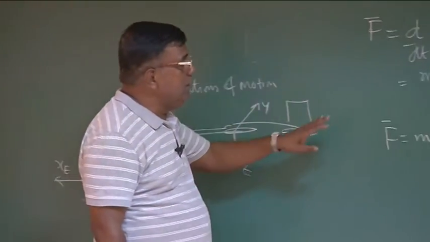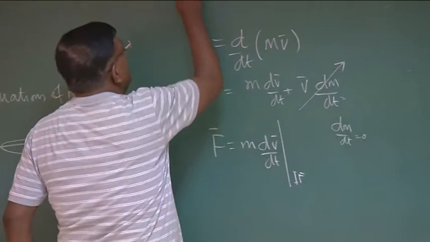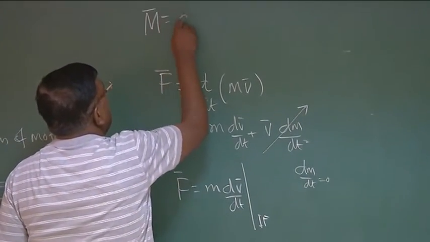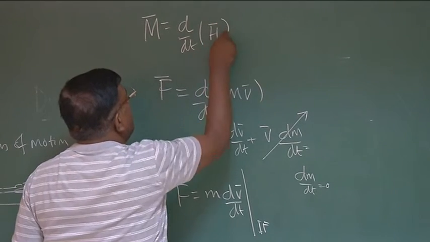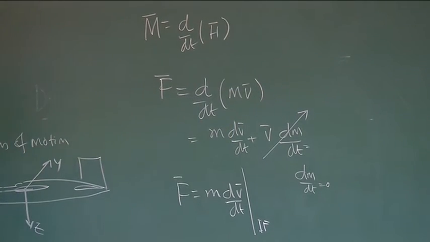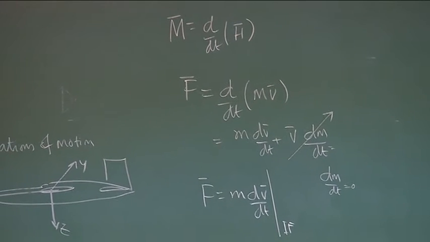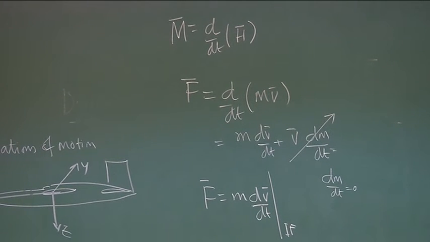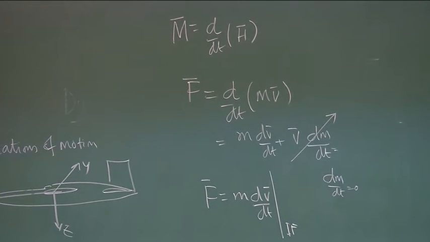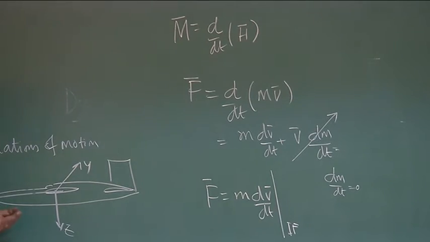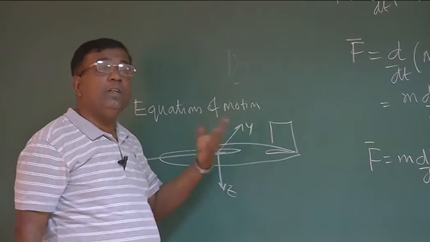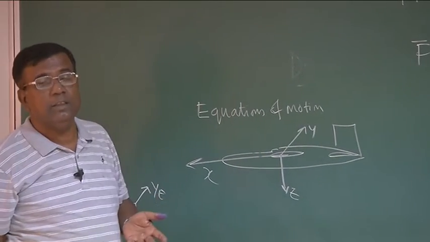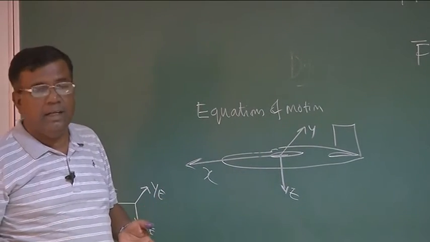See, if I use the moment equation, the moment will be the rate of change of angular momentum. And the angular momentum vector will have moment of inertia as inertia properties. So what will happen? If I work in an inertial frame, as the body rotates, the moment of inertia about the inertial frame will go on changing. So that will complicate our analysis, right?